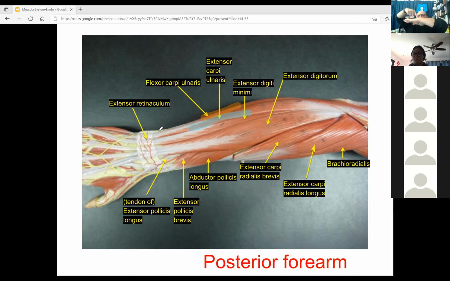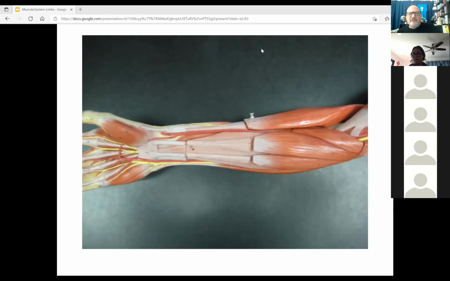The extensor comes behind the styloid process, so it extends. The flexor comes in front of the styloid process, so it flexes. Notice it's not where the belly is, it is where its tendon goes. And here on the anterior side, we very clearly see that tendon.